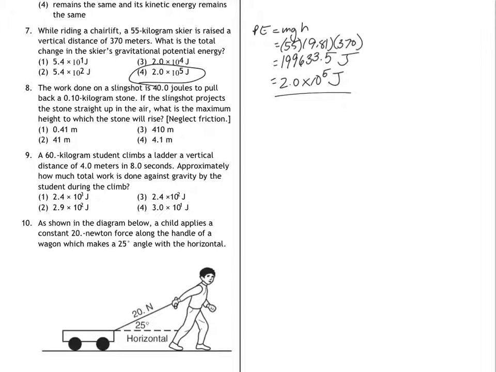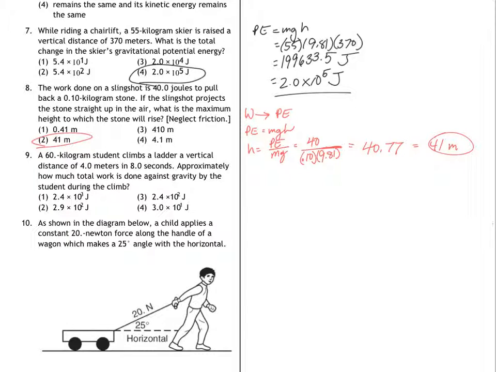With that said, we know that the potential energy will be 40. We also know the mass of the stone and we know gravity, so we can really easily determine height. So after rearranging and plugging in, I got 41 meters as the height to which the stone would rise.